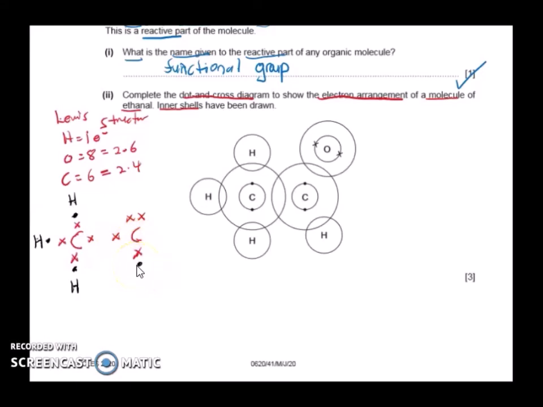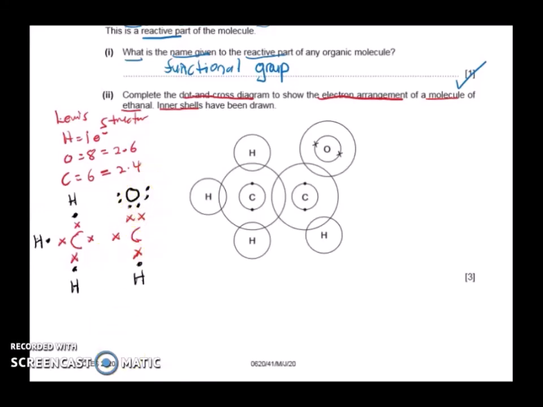We have another hydrogen over here at this part. So we have H, and then the oxygen, let me draw in dots. You have two dots here, for oxygen.